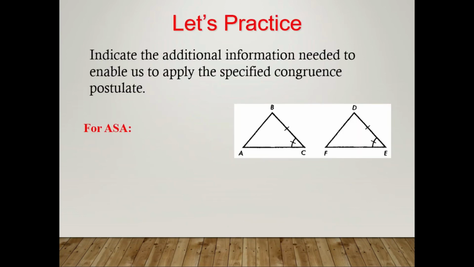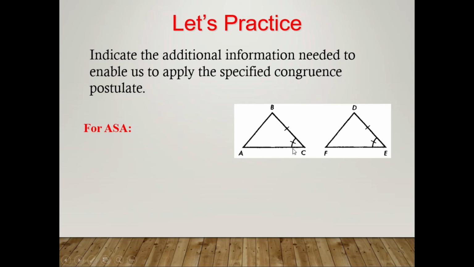Okay, now let us have short exercises. All you have to do is to indicate the additional information needed to enable us to apply the specified congruence postulate. So ito yung ating given na figures.